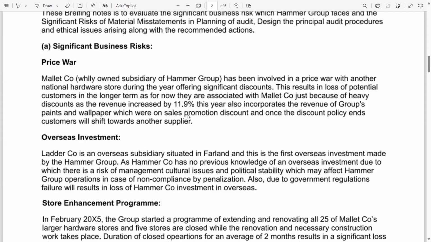Remember the last para of the fourth exhibit, how I link different information into one risk. Were on sales promotion discount, and once the discount policy ends, customers will shift towards another supplier. This is the ground reality.